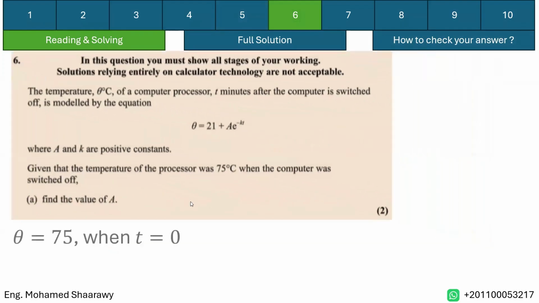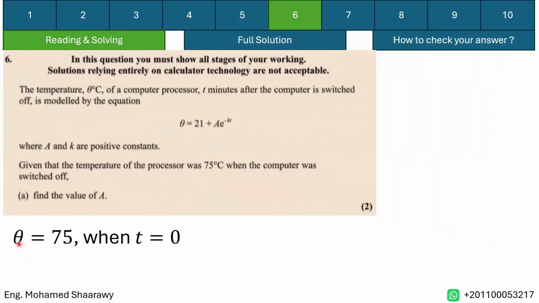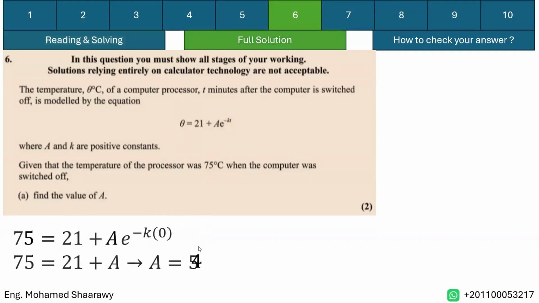So when theta equals 75, the time equals 0. I replaced theta by 75 and t by 0, and A became 54. I can replace this in the original equation.